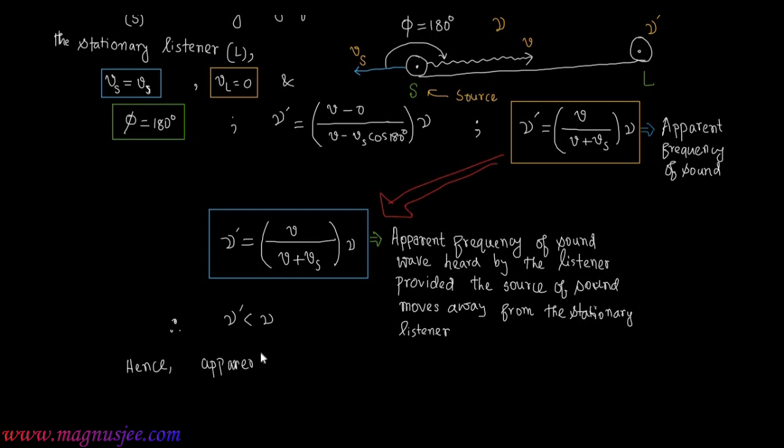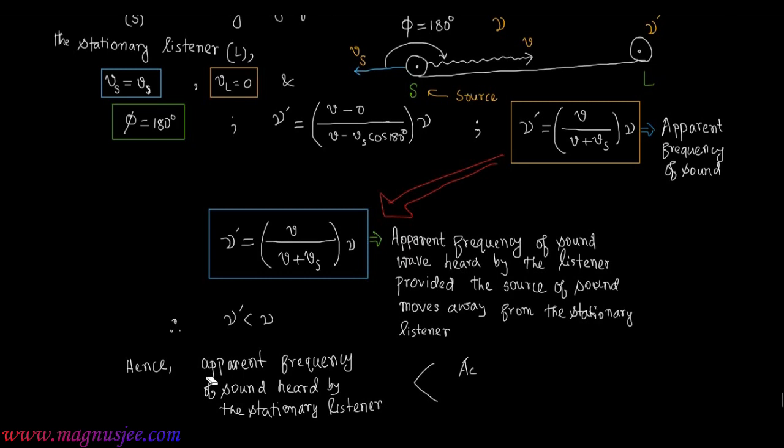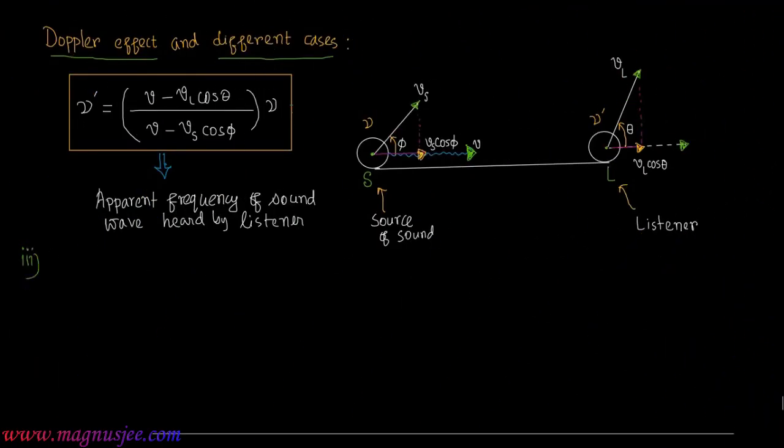Hence the apparent frequency of sound heard by the stationary listener is less than the actual frequency of sound produced by the source which is moving away from the listener.